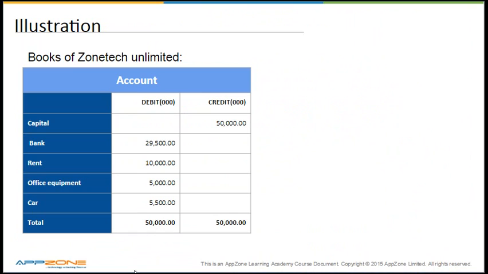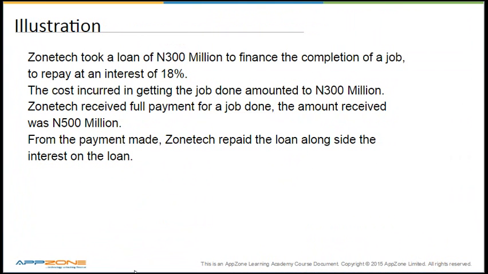And until that money is found, the account cannot be deemed reliable. Okay, now what we had earlier was a summary of ZoneTech accounts from inception to that very point.